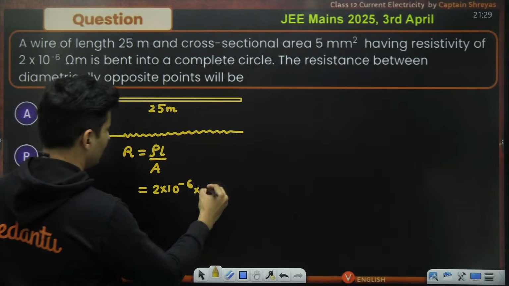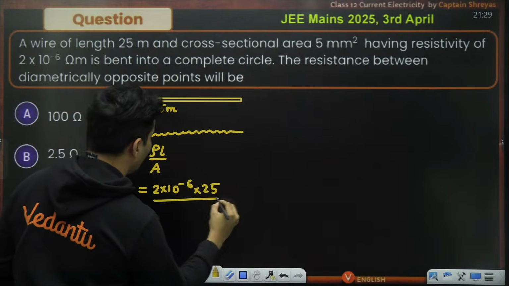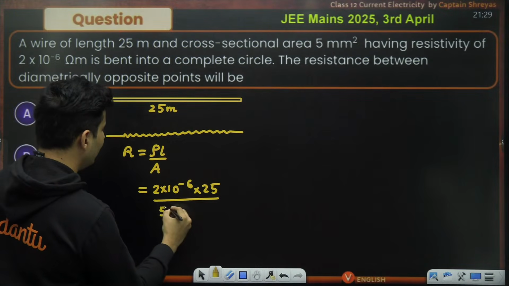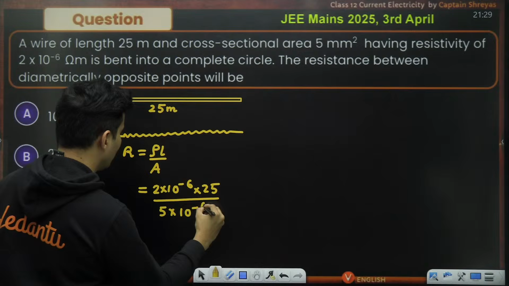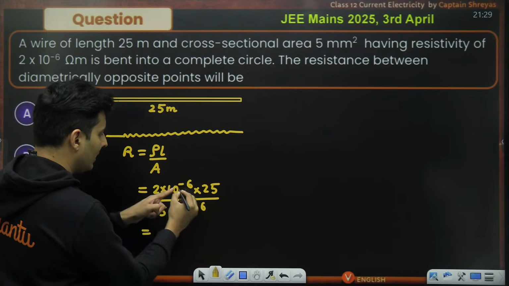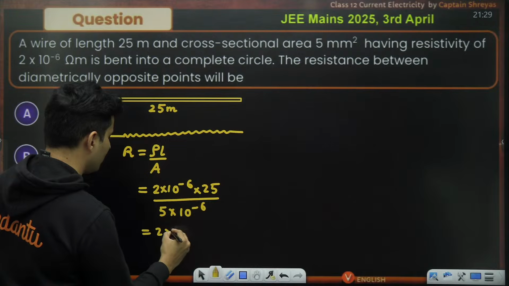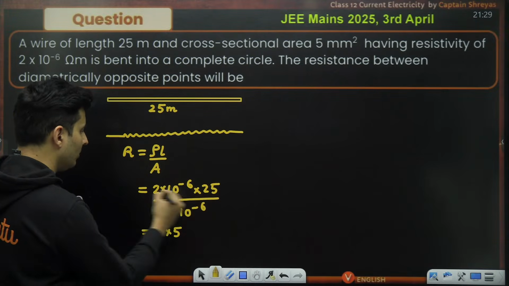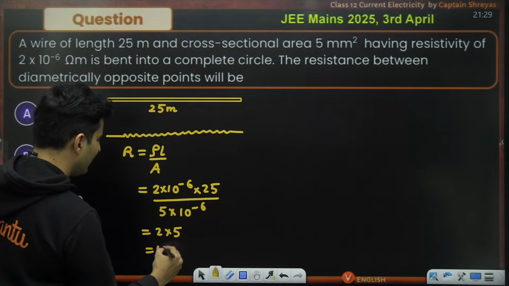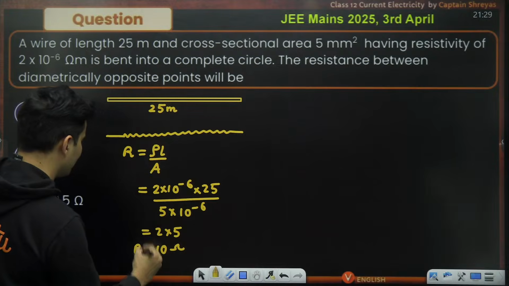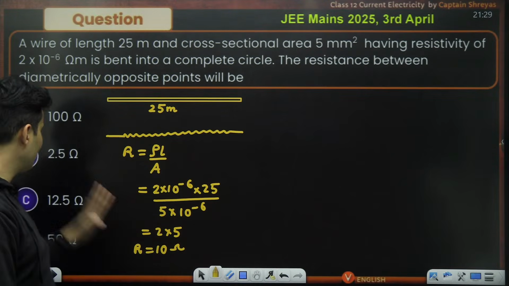The length is 25 meters by area 5 millimeter square. Millimeter square means 10 to the power minus 6. 10 to the power negative 6 will cancel. 25 and 5 will cancel. You will have just the number 5 on the top. This 2 was there. 2 5s are 10. So the total resistance of that wire is 10 ohms, but don't mark 10.